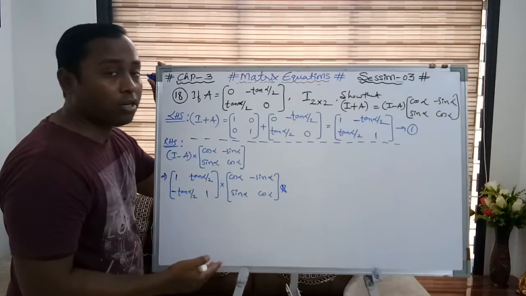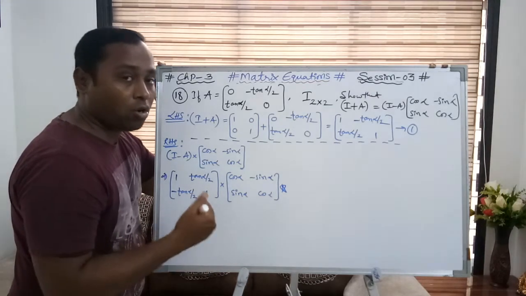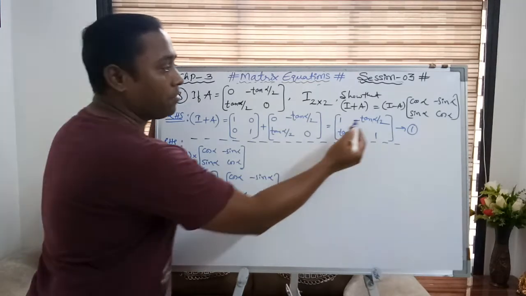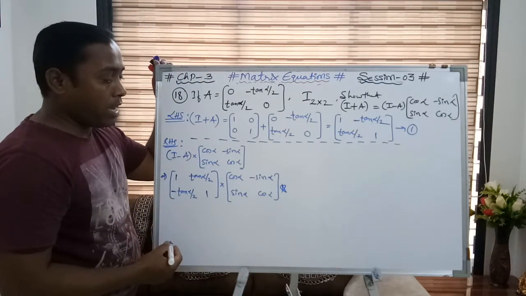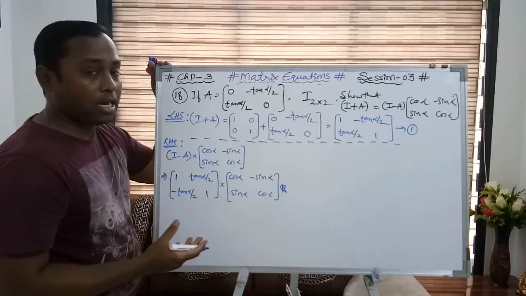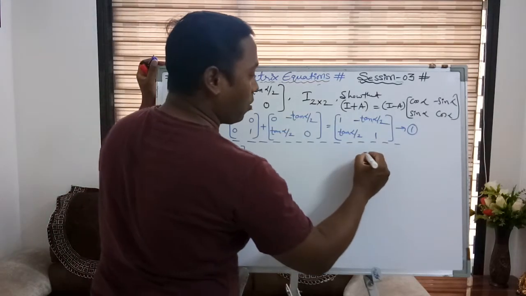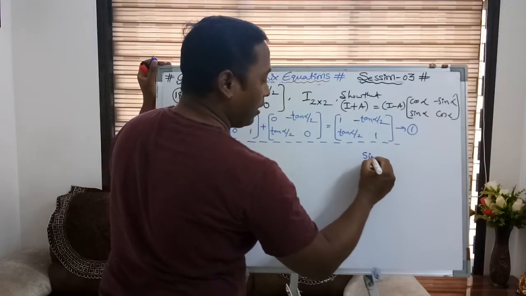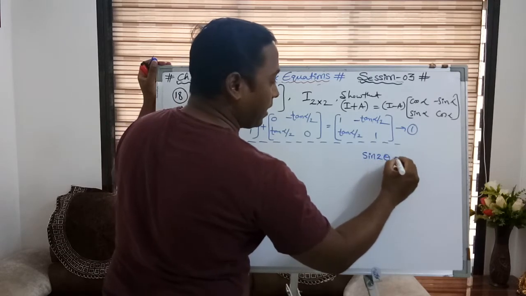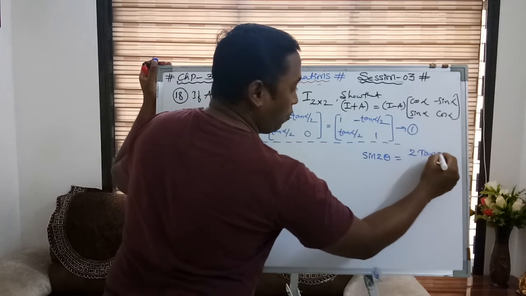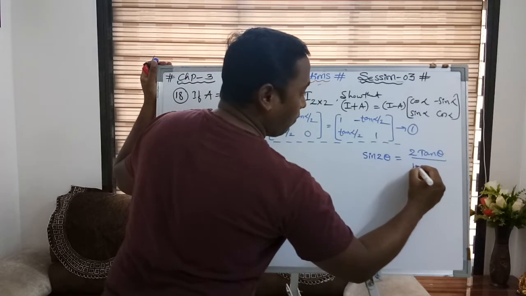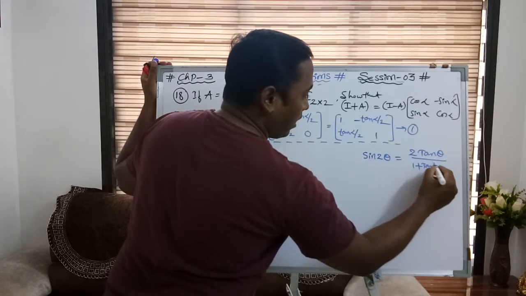So how can we convert sin alpha cos alpha in terms of tan alpha by 2? For that I can use the sin 2 theta and cos 2 theta formulas. Sin 2 theta can be written as 2 tan theta by 1 plus tan square theta.